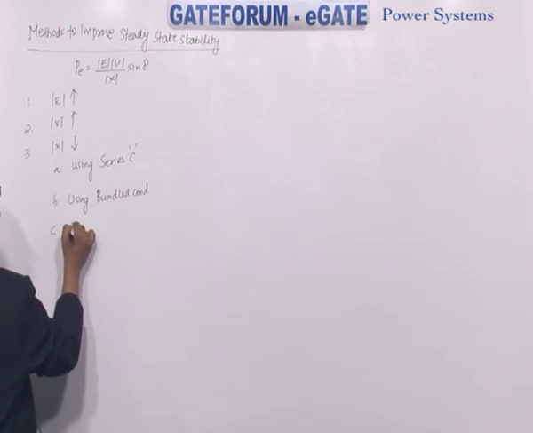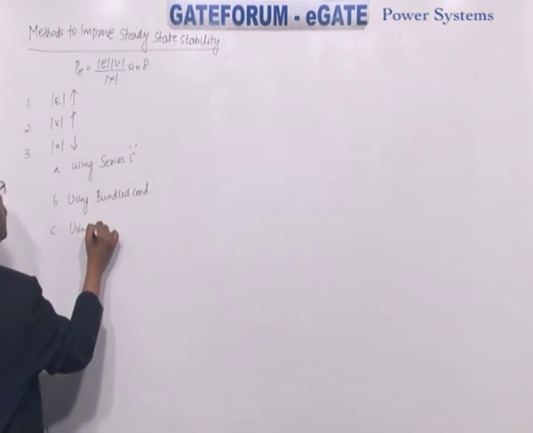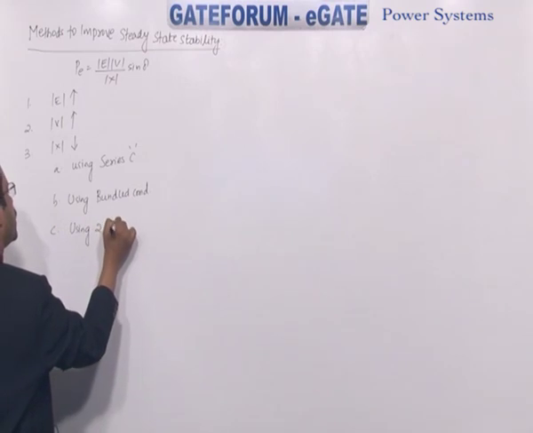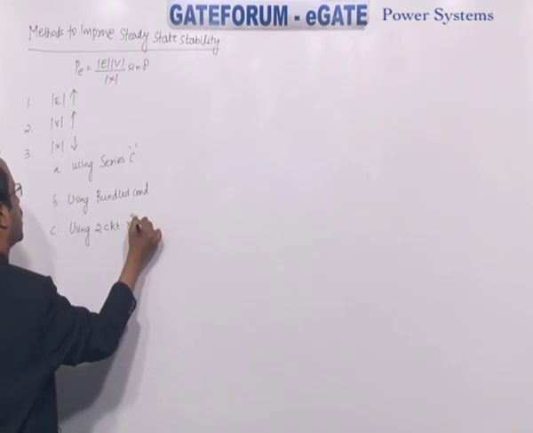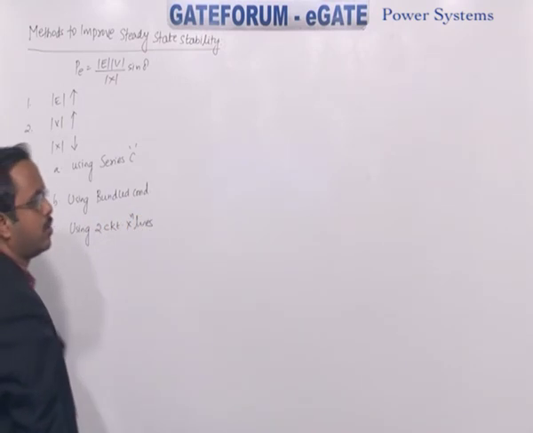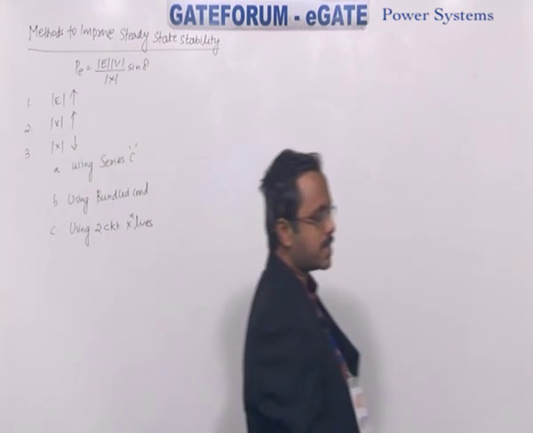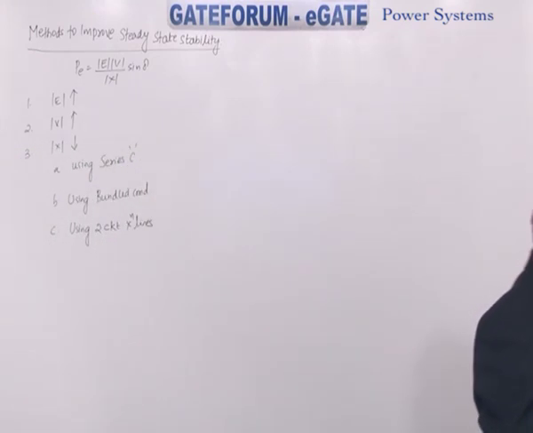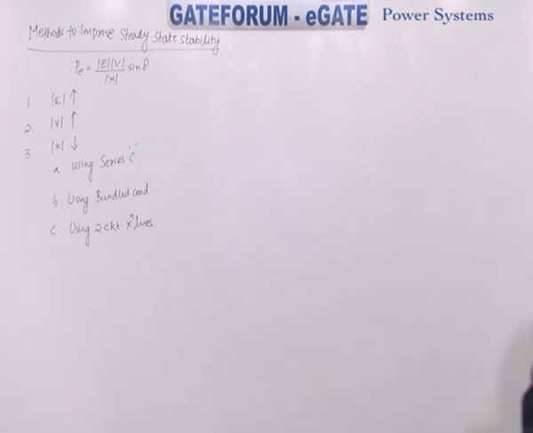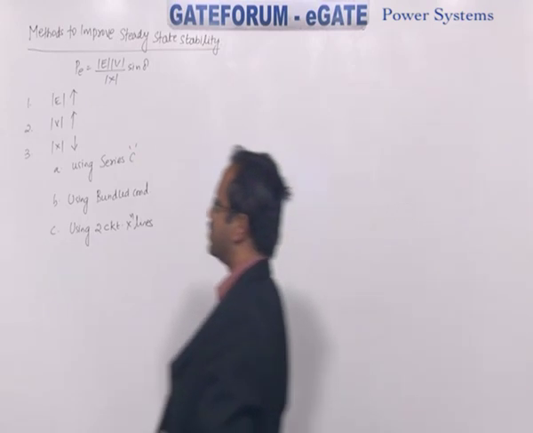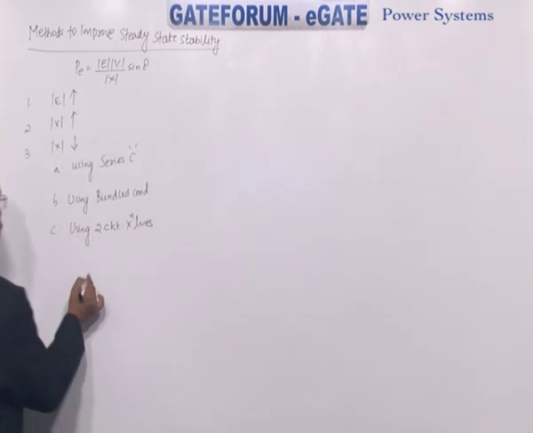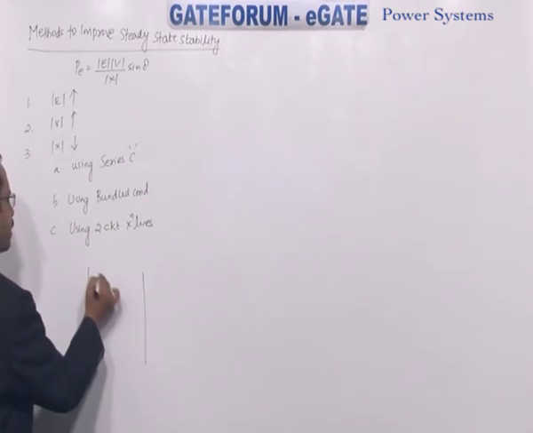And third one is by using double circuit transmission lines. So how does a double circuit transmission line look like? Tower is the same.